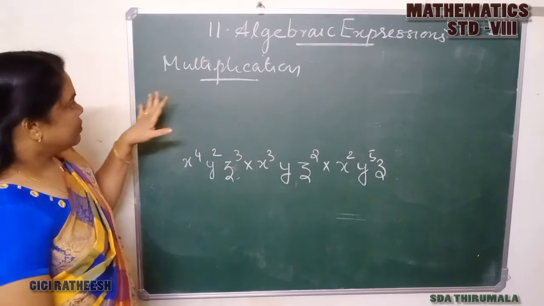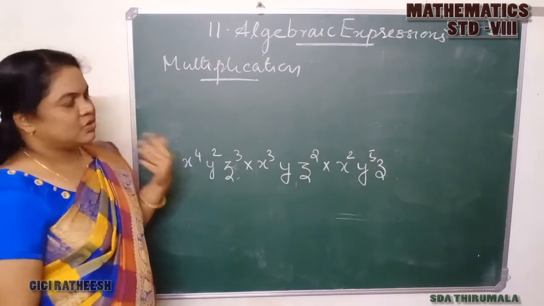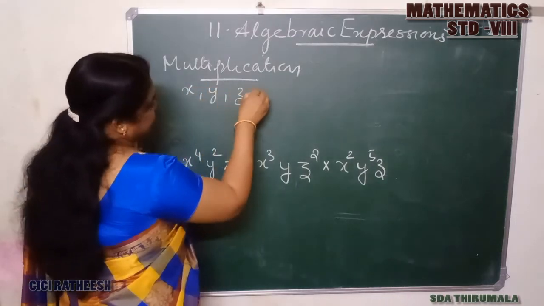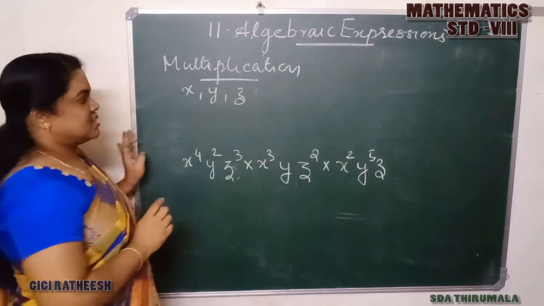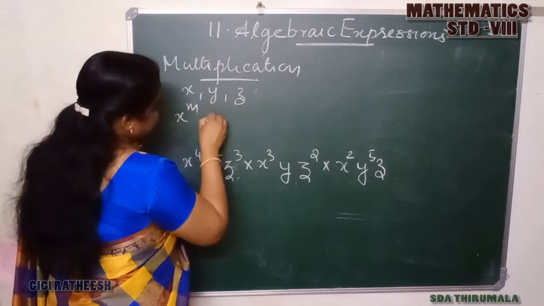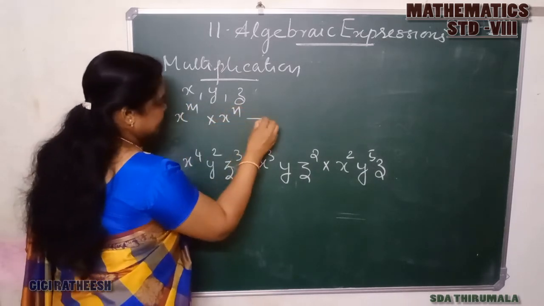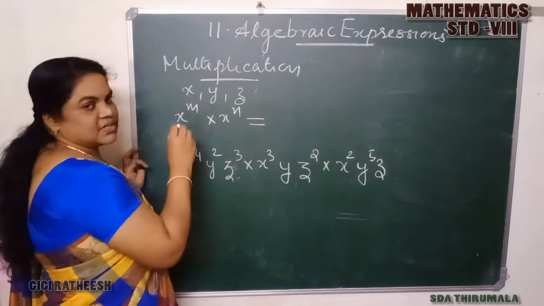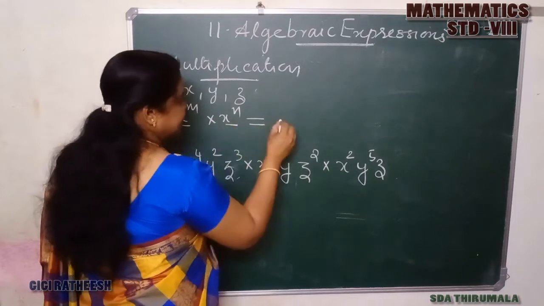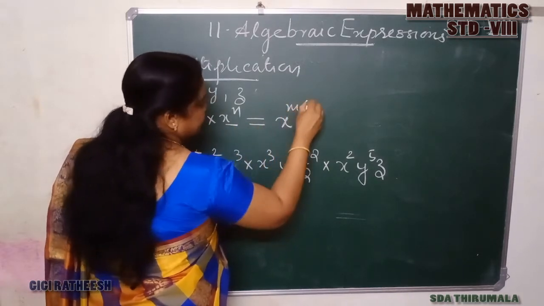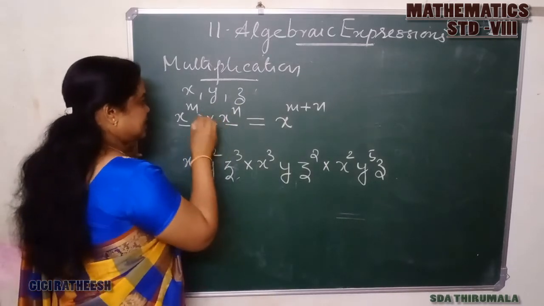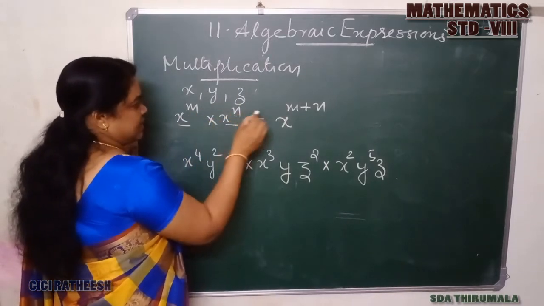How can we multiply algebraic expressions? For x, y, z as literals, we can write x raised to m into x raised to n, which is equal to the same base x raised to m plus n. When multiplying, we add the exponents, m plus n.